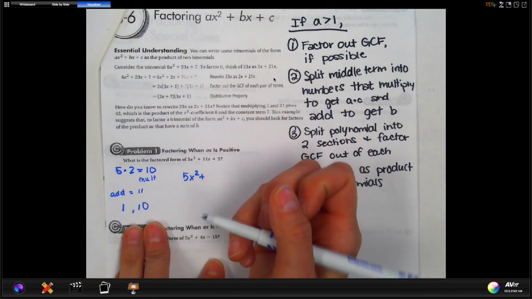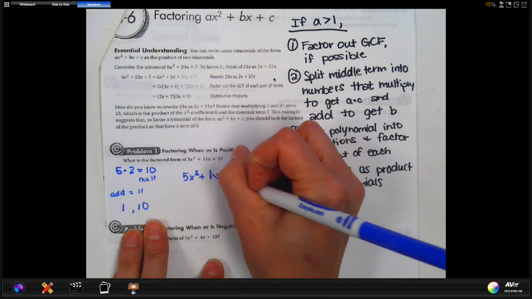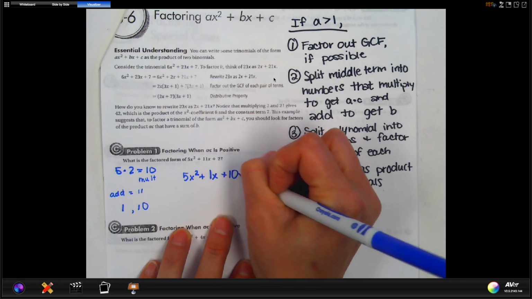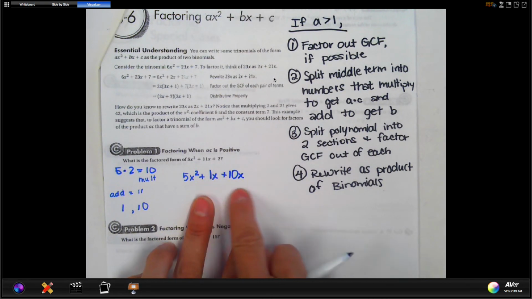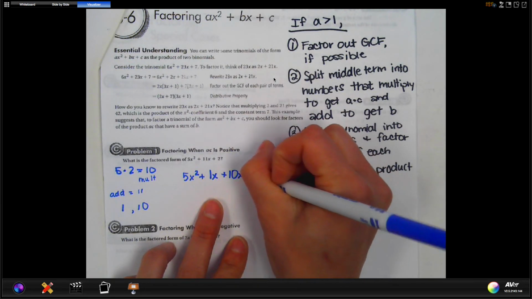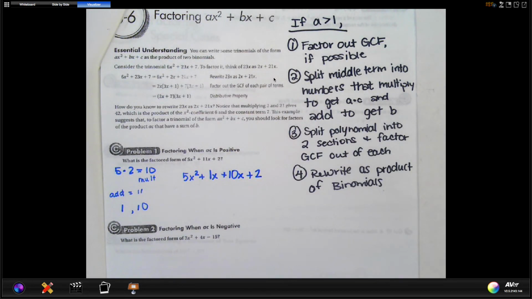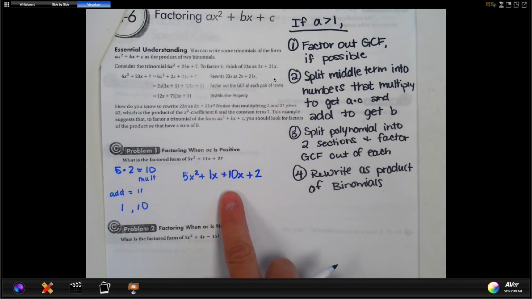I'm going to pick the 1x plus 10x, those are those 2 terms, because that's the same as 11x, right? 1x plus 10x, plus 2. So now you should have 4 terms. And so you're really just rewriting this. It is the same thing. It's equivalent so that you can now factor it.